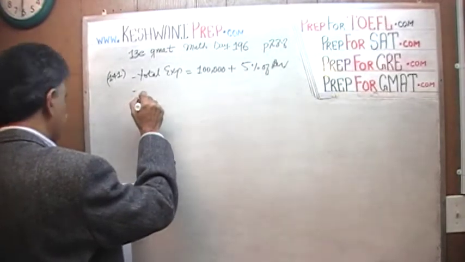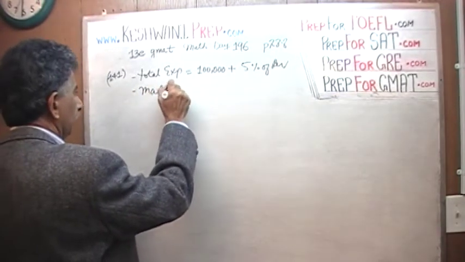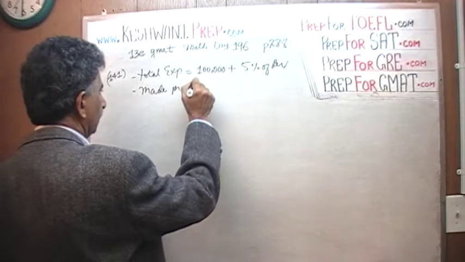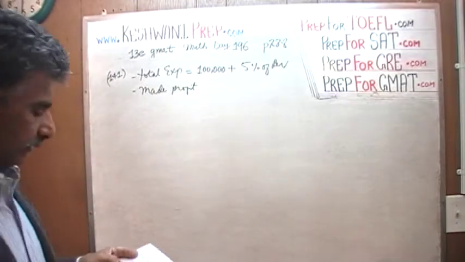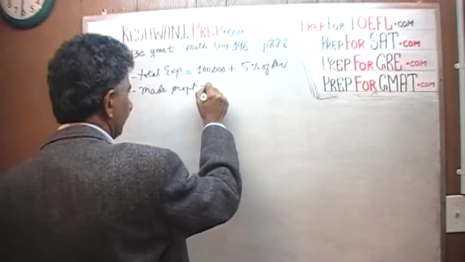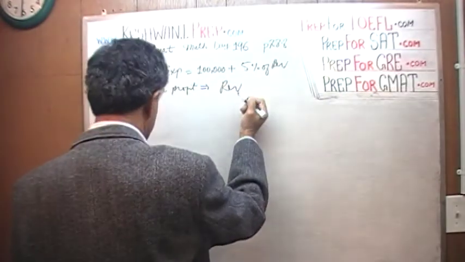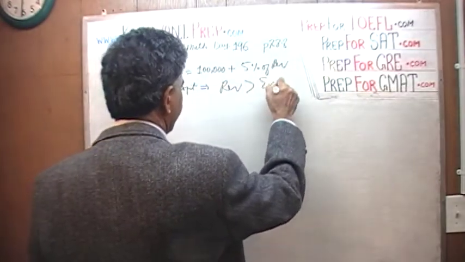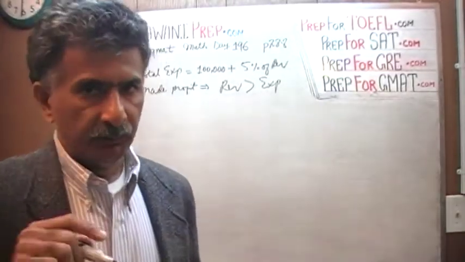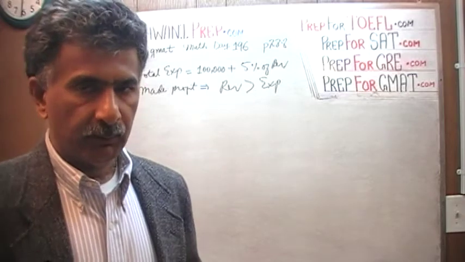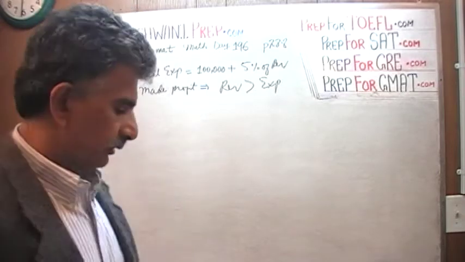We are also told that the company made a profit, which in turn tells us that the revenue they earn must be greater than the expenses. If you're making profit, then obviously whatever you're bringing in is more than whatever it's costing you to run the business.